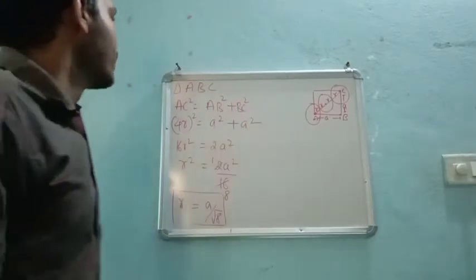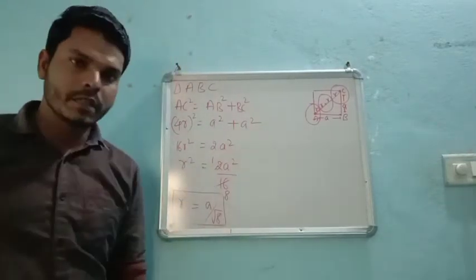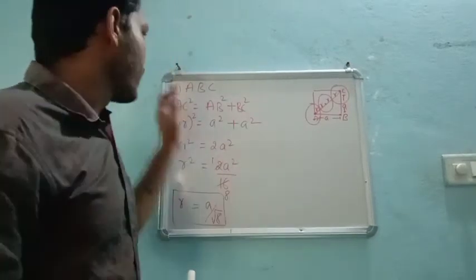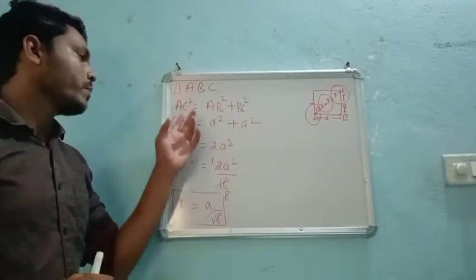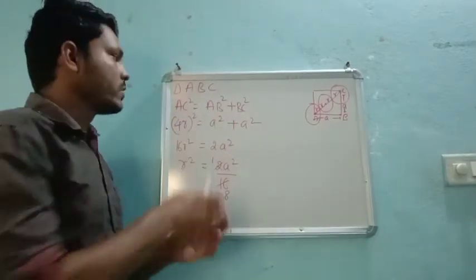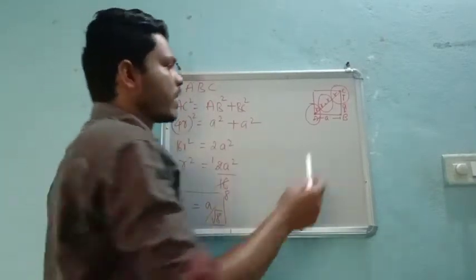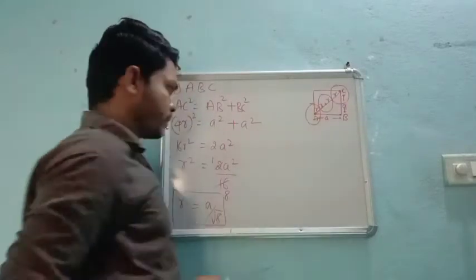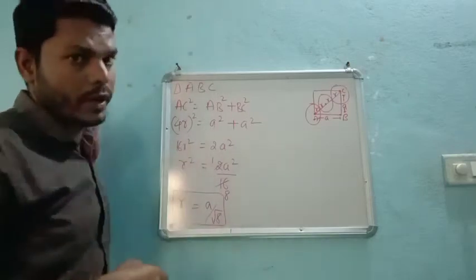I repeat. There is only one angle that will be created in case of the FCC type of unit cell. What is that? That is triangle ABC. In triangle ABC, according to Pythagoras, AC square is equal to AB square plus BC square. We already have the values for AB, BC and AC.